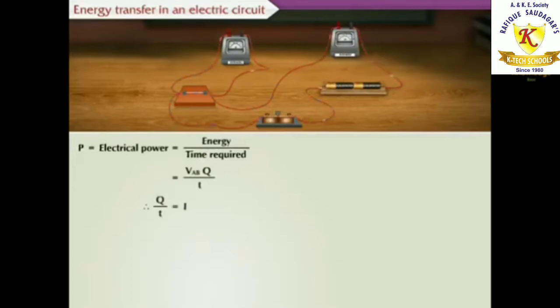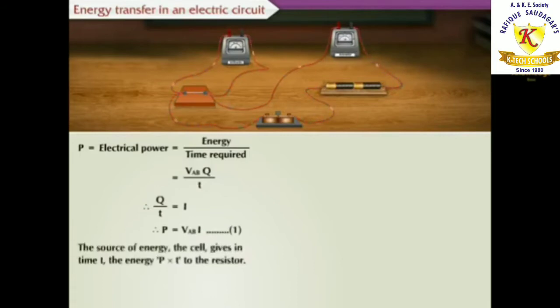Since Q upon t is equal to I, therefore P is equal to VAB into I. Let this be equation 1.